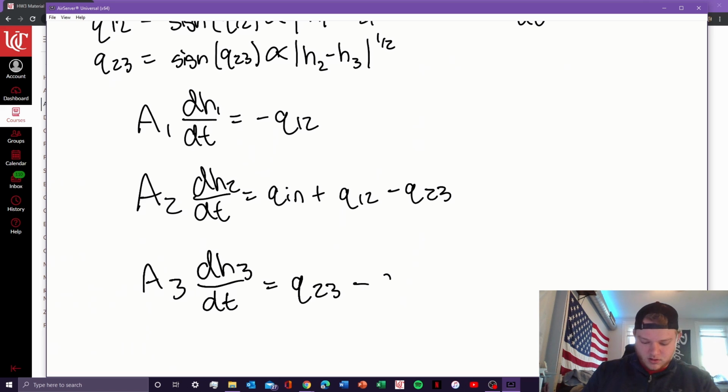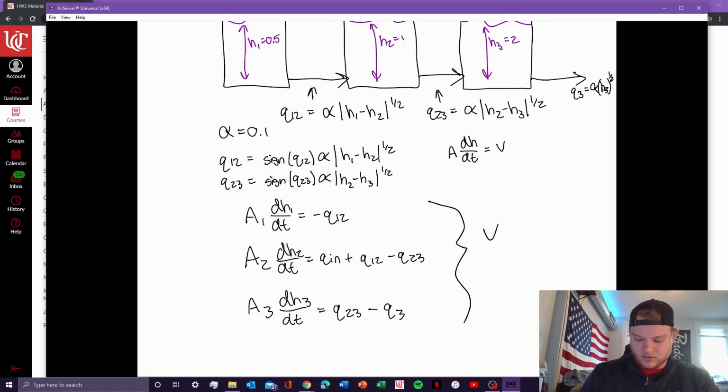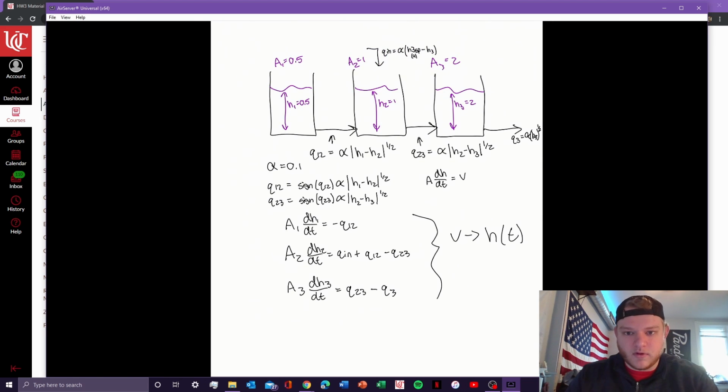Like I said, we can use these equations to solve for the volume, and in turn solve for the height at a given time. The next part, we will be putting all of this into Python, and we are going to make graphs so we can see what our tank heights are at any given time.